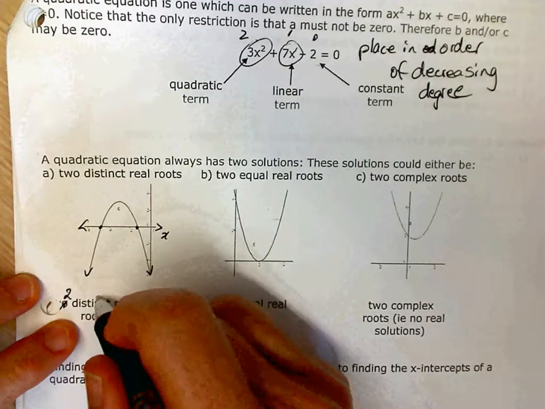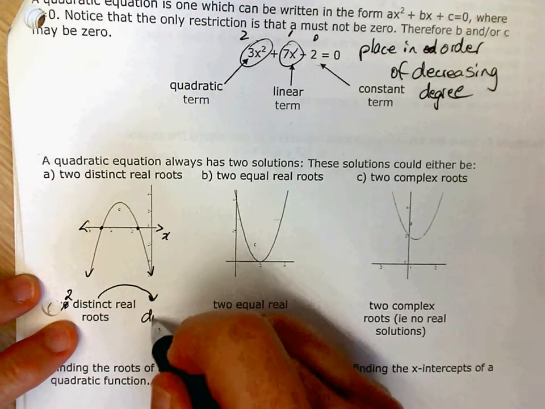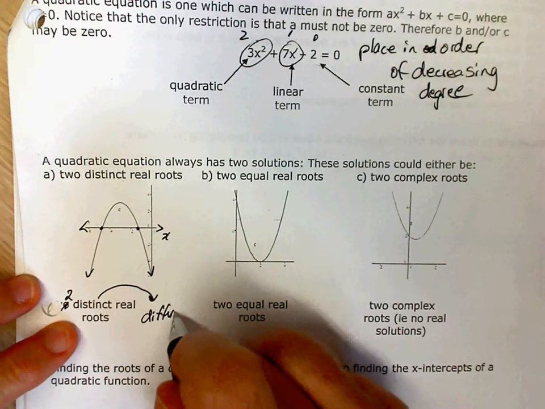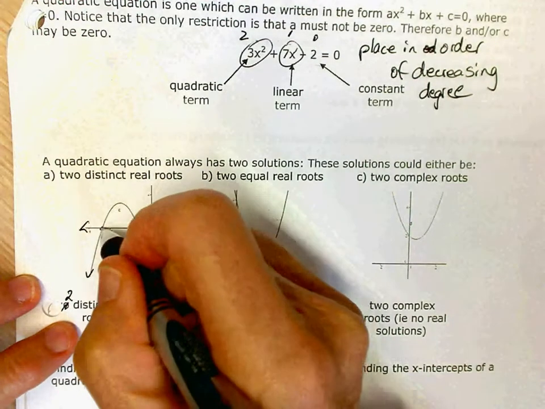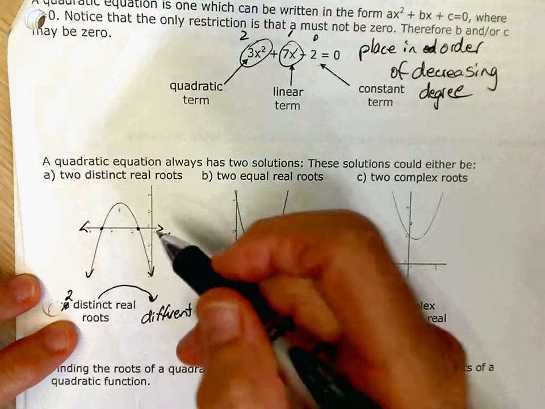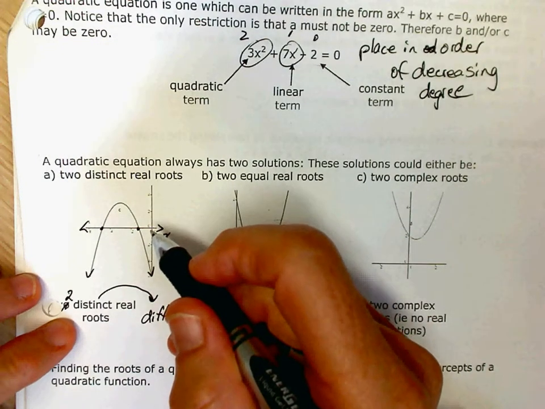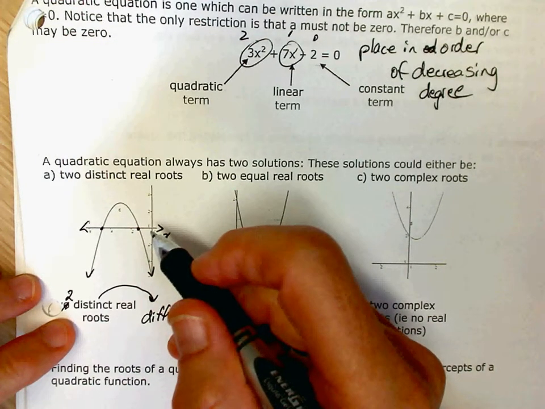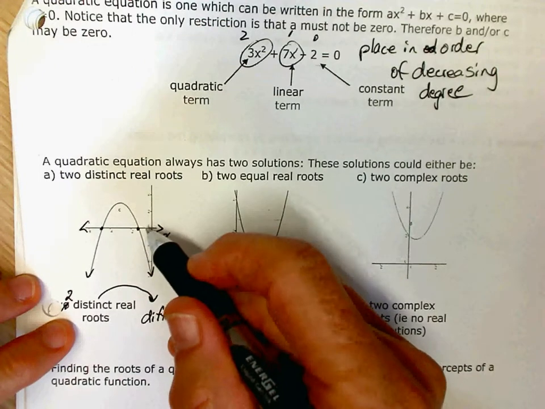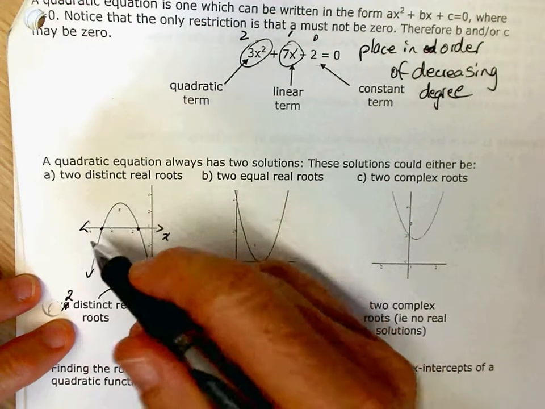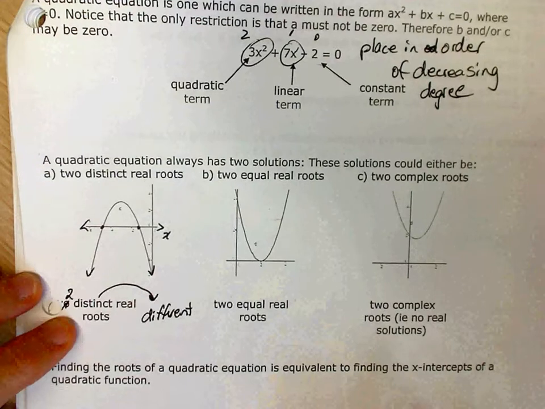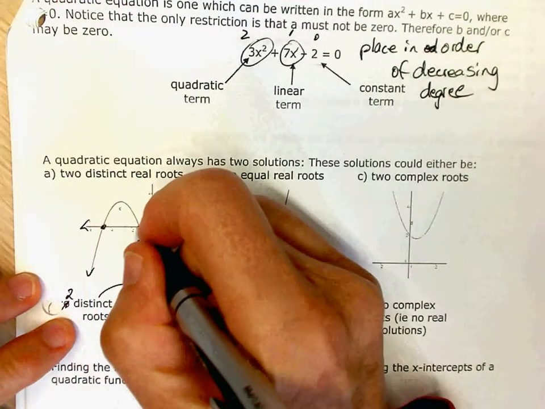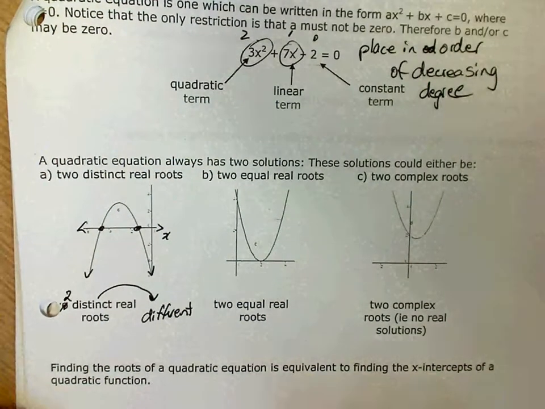Another word for distinct is different. So in other words, you have two roots. In this case it's hard to read, but I assume it's maybe -1, -5, something like that. Wherever the graph crosses the x-axis is your root.